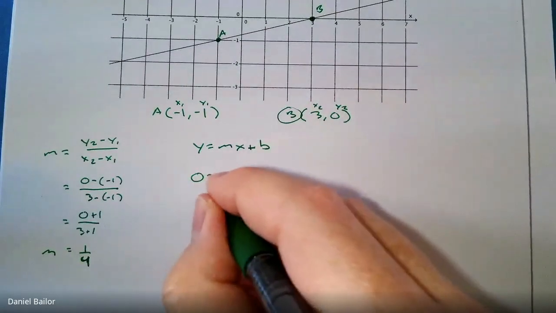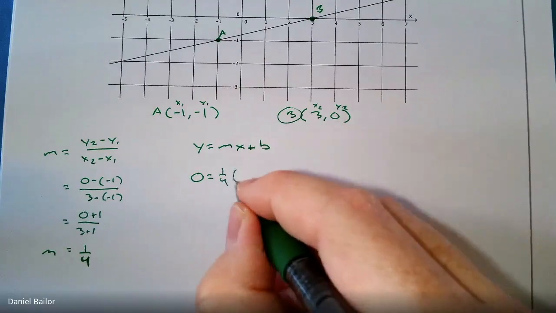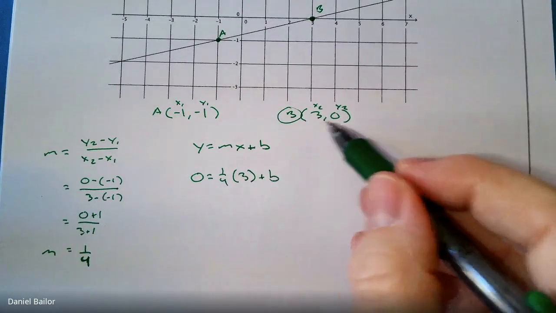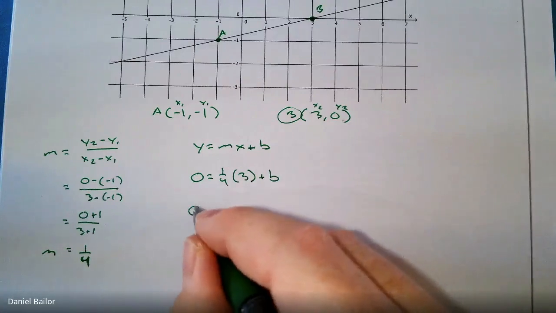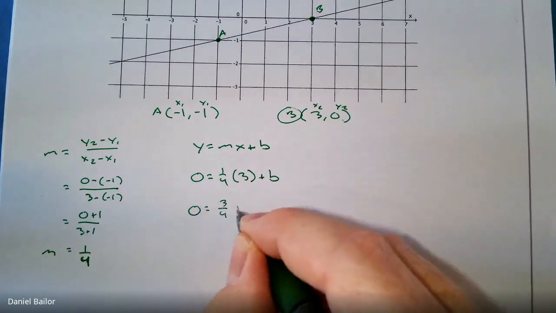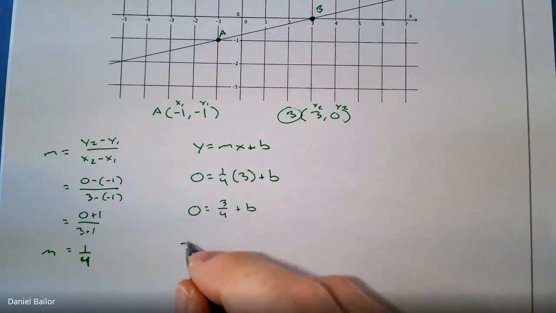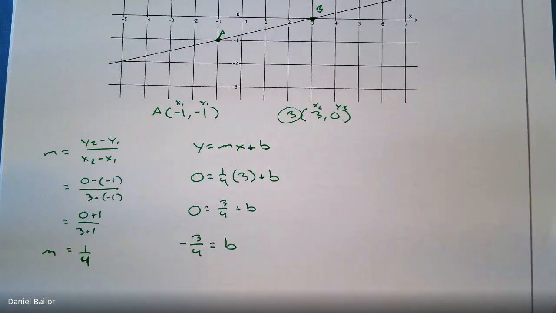So y is 0, m is 1/4, x is 3, and substituting this x and y and the m will find b for me. So I get 0 equals 3/4 plus b. I do minus 3/4 on both sides, so I get -3/4 equals b.